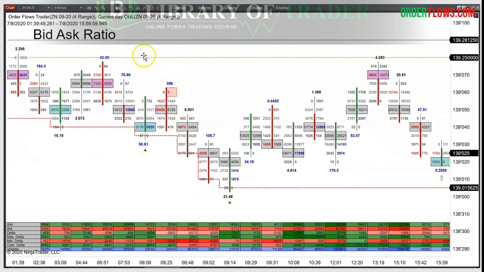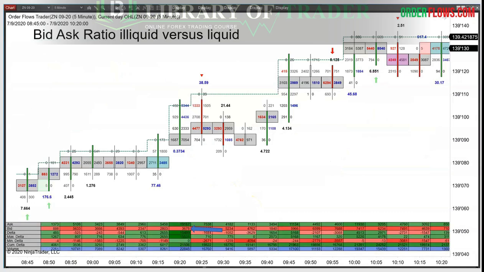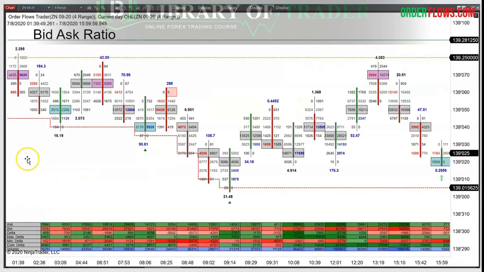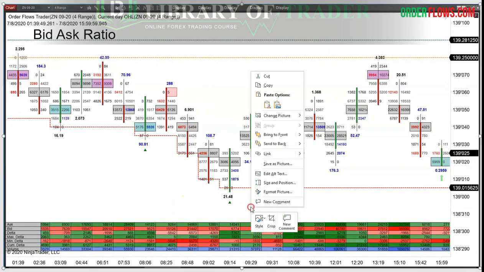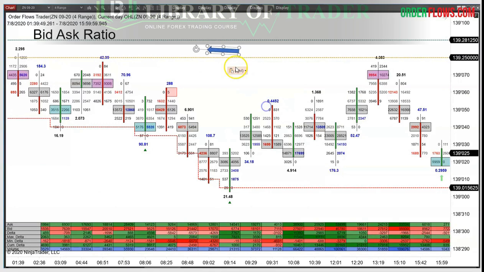Okay, now on a 4-range chart, I think it becomes a bit easier to see than on the 5-minute chart, right, on a more liquid market. Okay, because now you're looking at price movements on the chart versus time movements on the chart. Okay, so here you got a nice one at the low, right? Well, 6.7 versus 14,000.